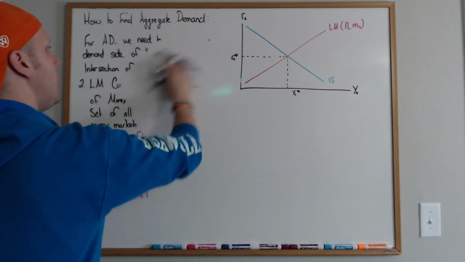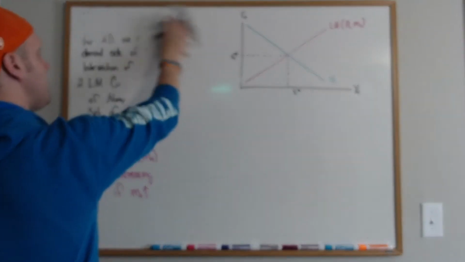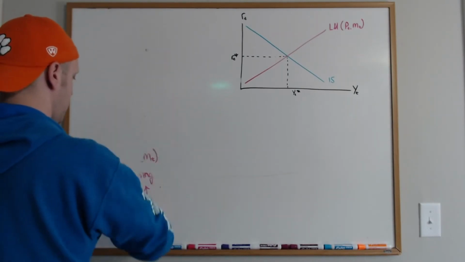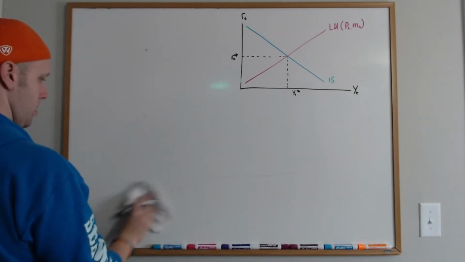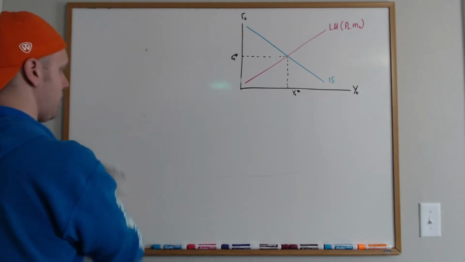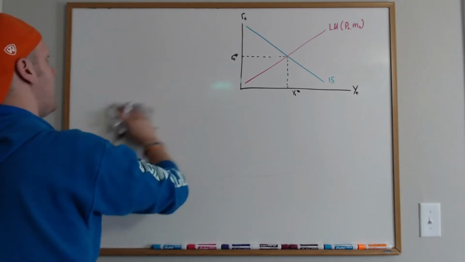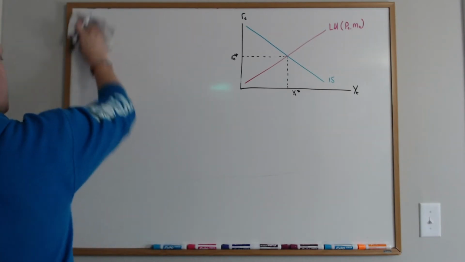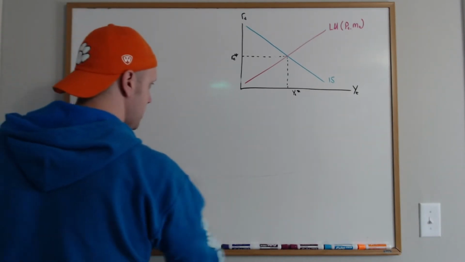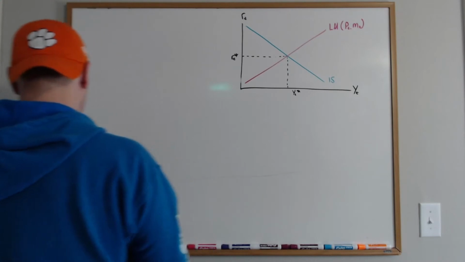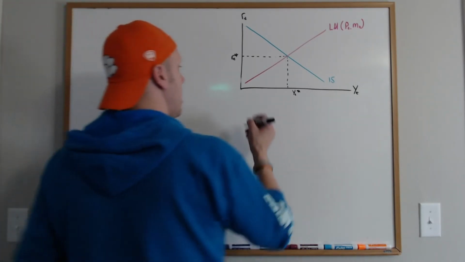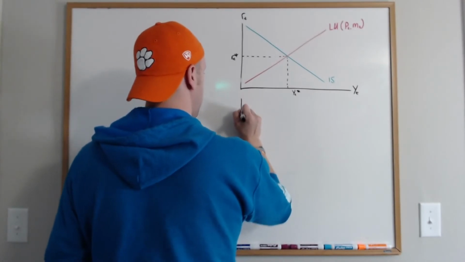Well, what we do here, remember last time we just sort of drew some graphs on top of each other because, well, some of the axes matched up. If you remember the horizontal axes with like labor markets and output and all that stuff, the horizontal axes were the same. So if the horizontal axes were the same, well, we could just draw graphs right on top of each other, and we can do the exact same thing here.